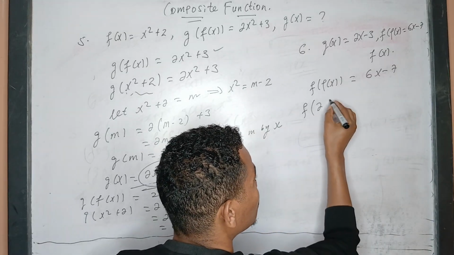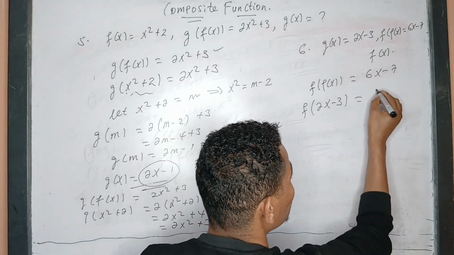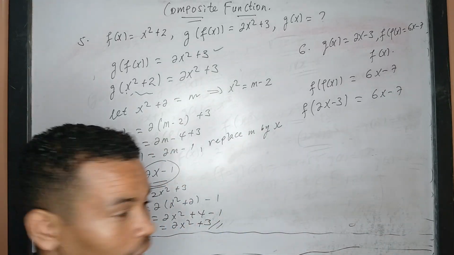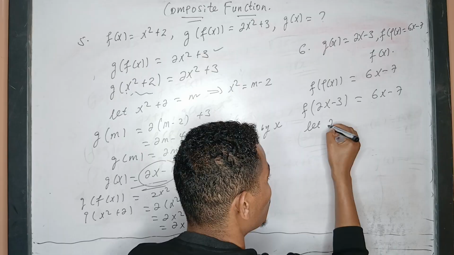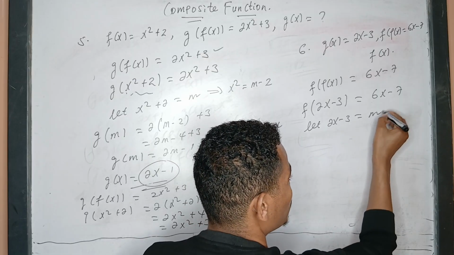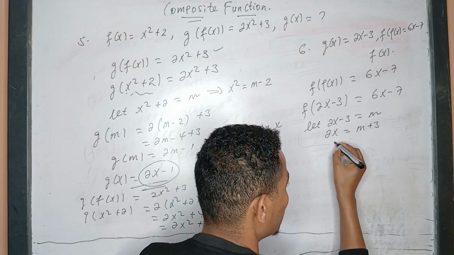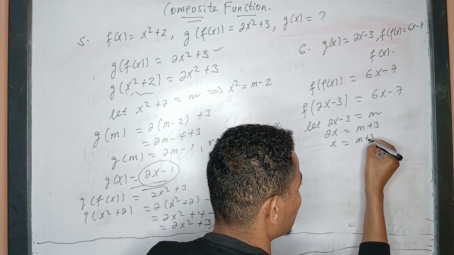f of g of x is given, that is f of 2x minus 3, equal to 6x minus 7, and we will apply the same technique. Let 2x minus 3 be equal to m. From this, 2x is equal to m plus 3, so x is equal to m plus 3 over 2.